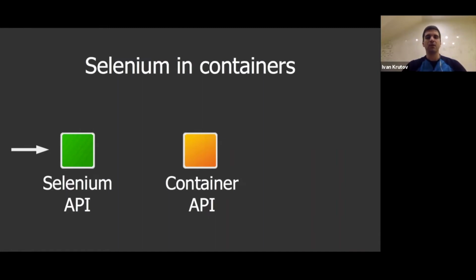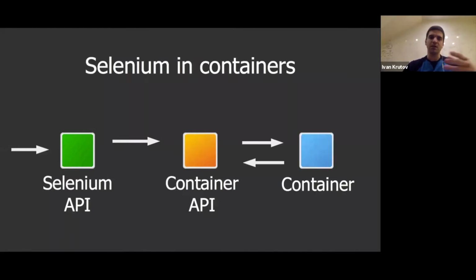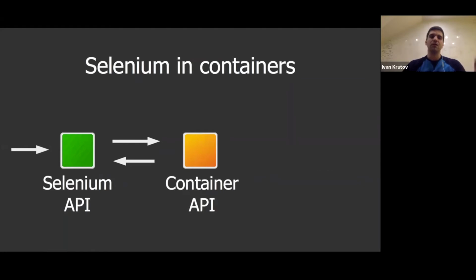So for example, when your test requests a browser from this Selenium API, it makes a request to the container API and launches a container with the requested browser version. And then your tests start executing. When your test finishes, this container should be automatically removed, thus leaving your operating system in the same state it was before launching the test.